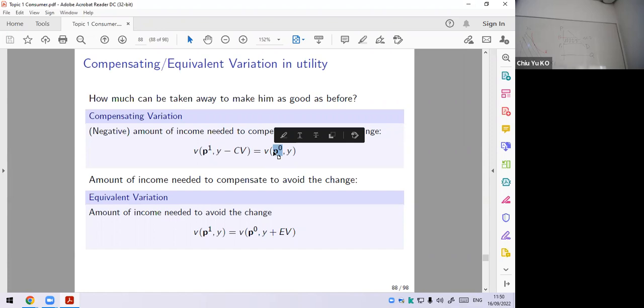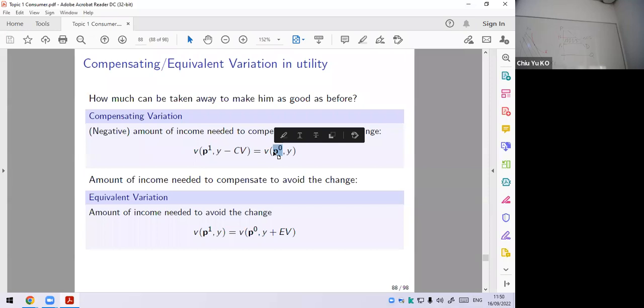How much income can I take away from him to make him as happy as before? Going back to here, the question is, if I cut the price, how much money can I take away from him so that he is as happy as before? It's a money measurement.